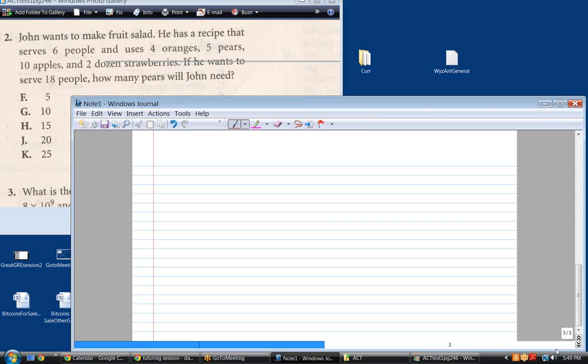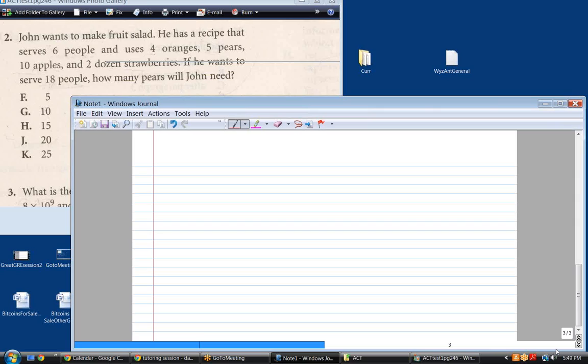Now, one thing about the ACT test is that they will frequently give you problems that have completely irrelevant information in them. So just because they tell you that there's 4 oranges, 5 pears, 10 apples, and 2 dozen strawberries doesn't mean that all of those numbers are important.